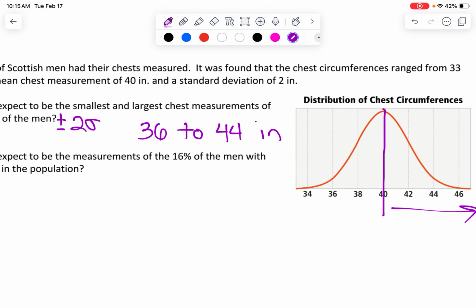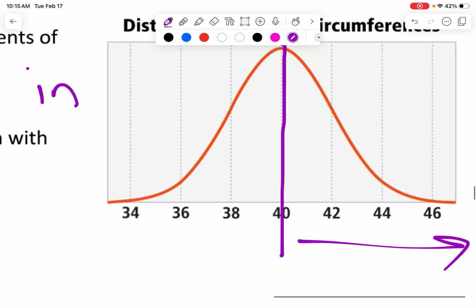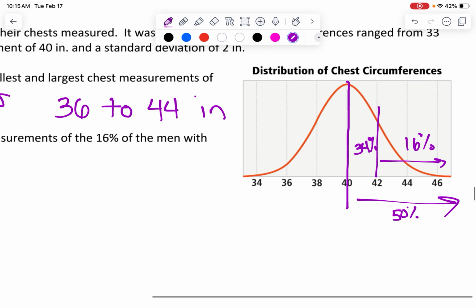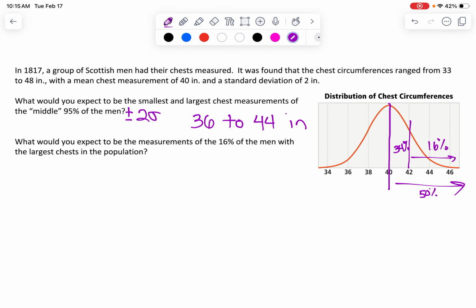We also know that within 1 standard deviation is 34% right here, right? So if this is 50% and this is 34, from here all the way to the end is 16% of the data, right? So the largest chests would be from 42 inches up.